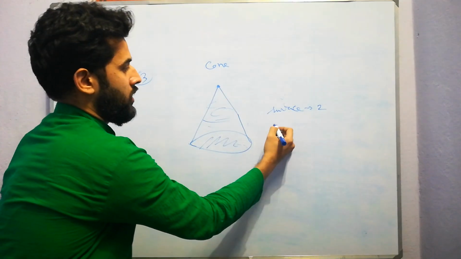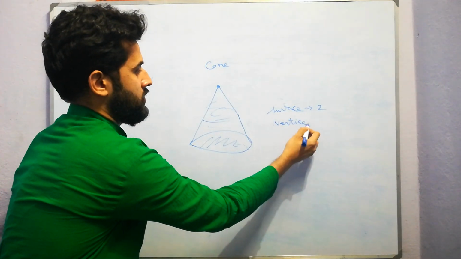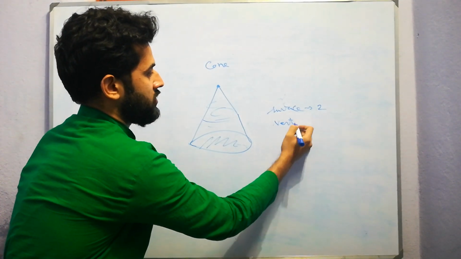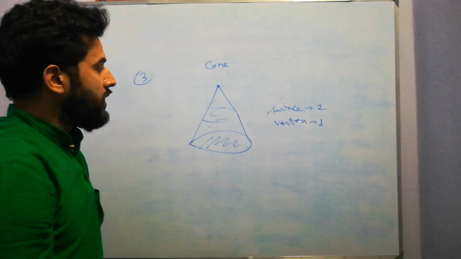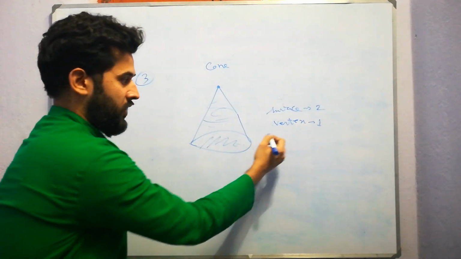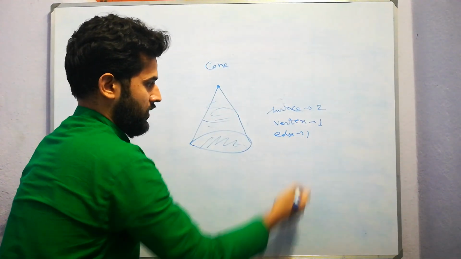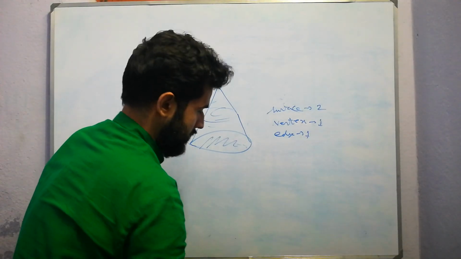Vertex is only 1. Vertices, actually vertex we should write because it is singular. And edges, only 1, that is also a curved edge. Okay.